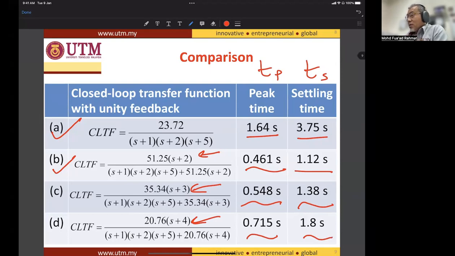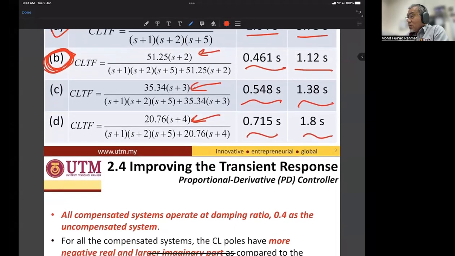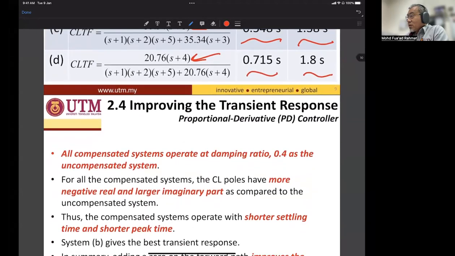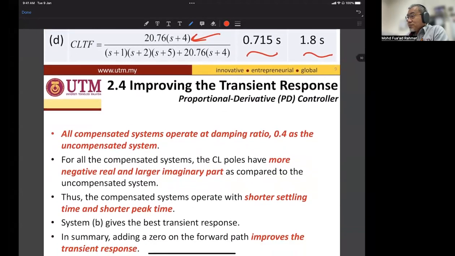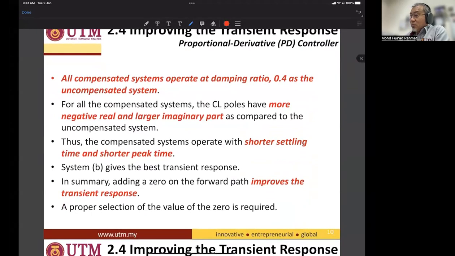So by looking at the closed loop transfer function time response, the peak time is faster and the settling time is faster. So it's a good choice of zero at -2. So the system is compensated at 0.5 damping ratio.